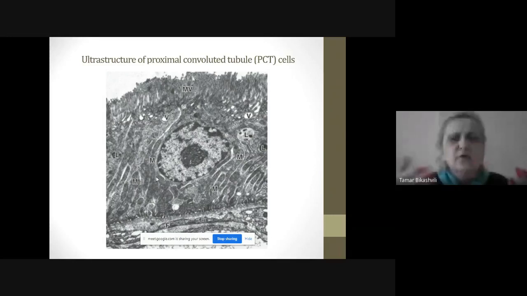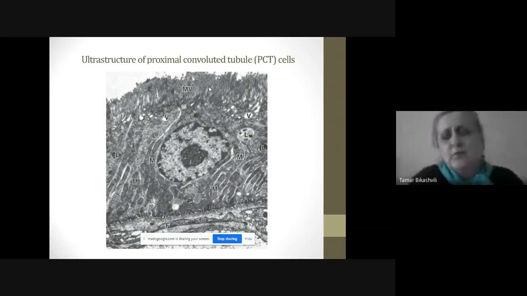Because here are numerous specific mitochondria, and if you remember, these mitochondria are located between the basal invaginations. On the apical part, opposite of the basal, are numerous microvilli, and therefore a brush border.